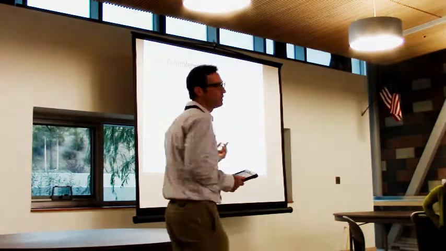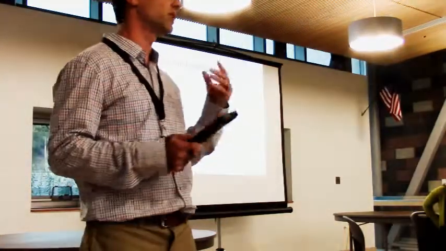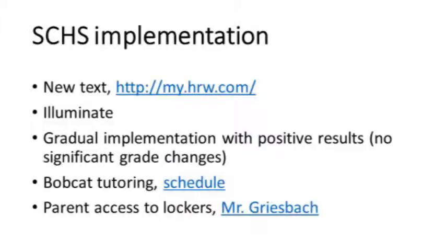So we have a new text adoption for Algebra 1, Algebra 2, and Geometry. Every student has an online link to this. If they're not up and running yet, they will be shortly.